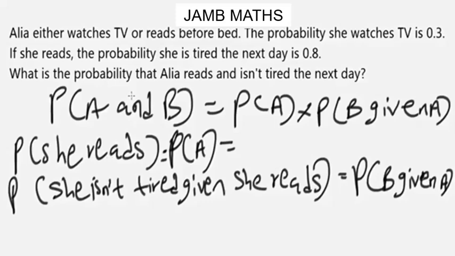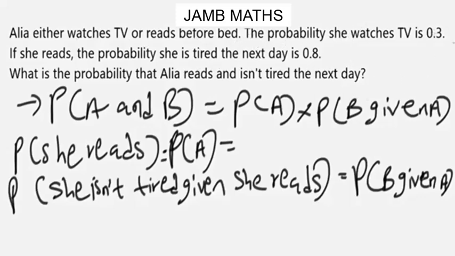Basically, we are going to use the information in this question to work out the probabilities we need for this formula. So the probability of event A, that she reads: the question says Alia either watches TV or reads before bed. The probability she watches TV is 0.3.